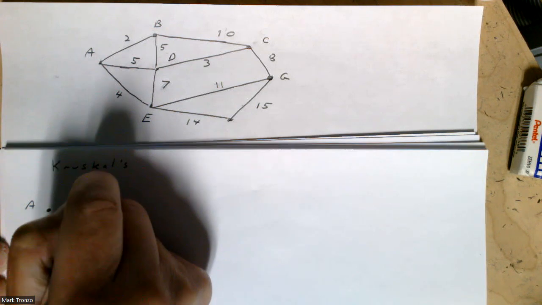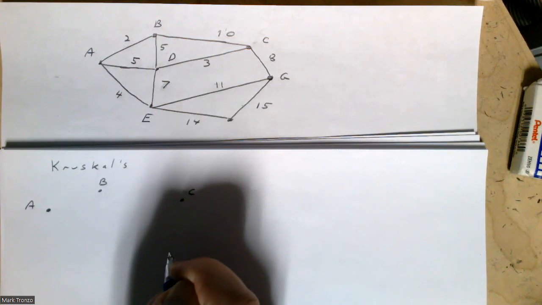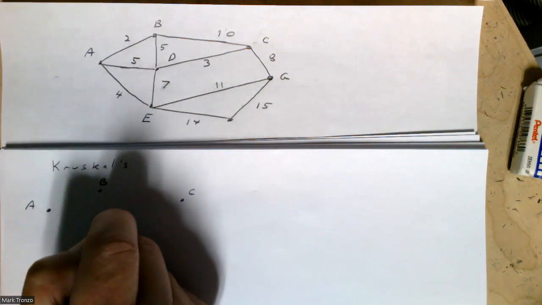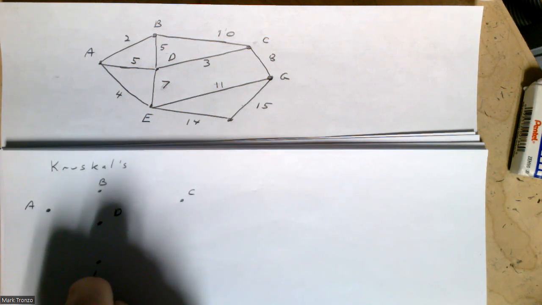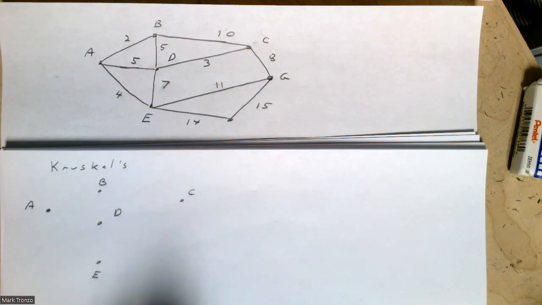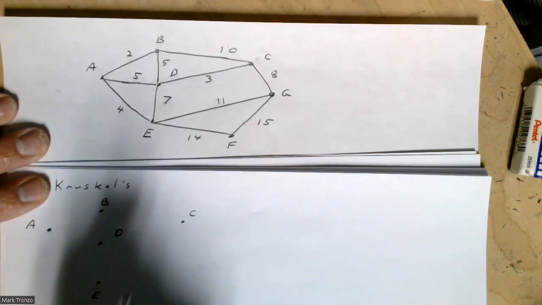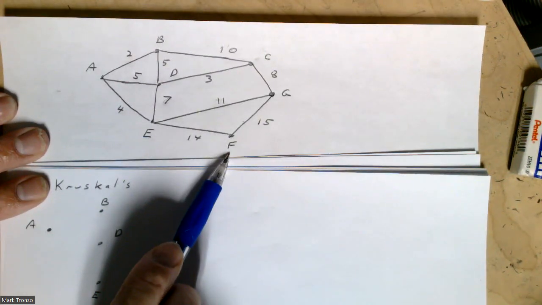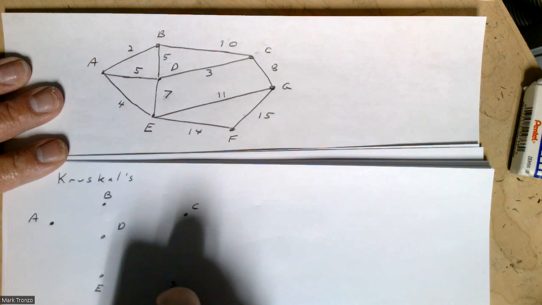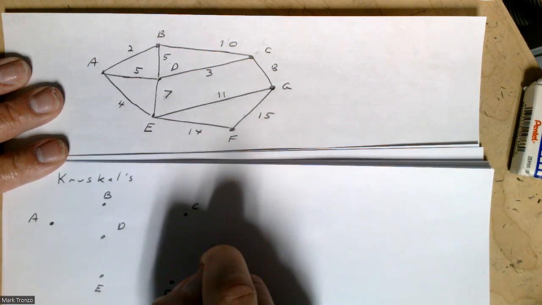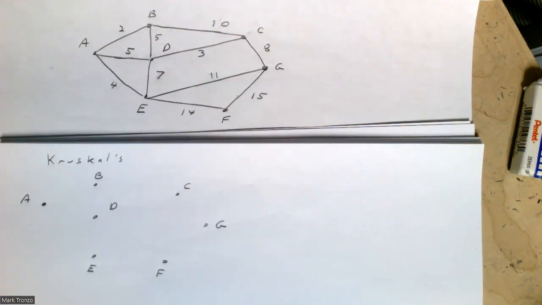A, B, E, and I left off a letter, this one I should have had an F. Please add this F over here in the example. F and G. So again, let's look at this example here.